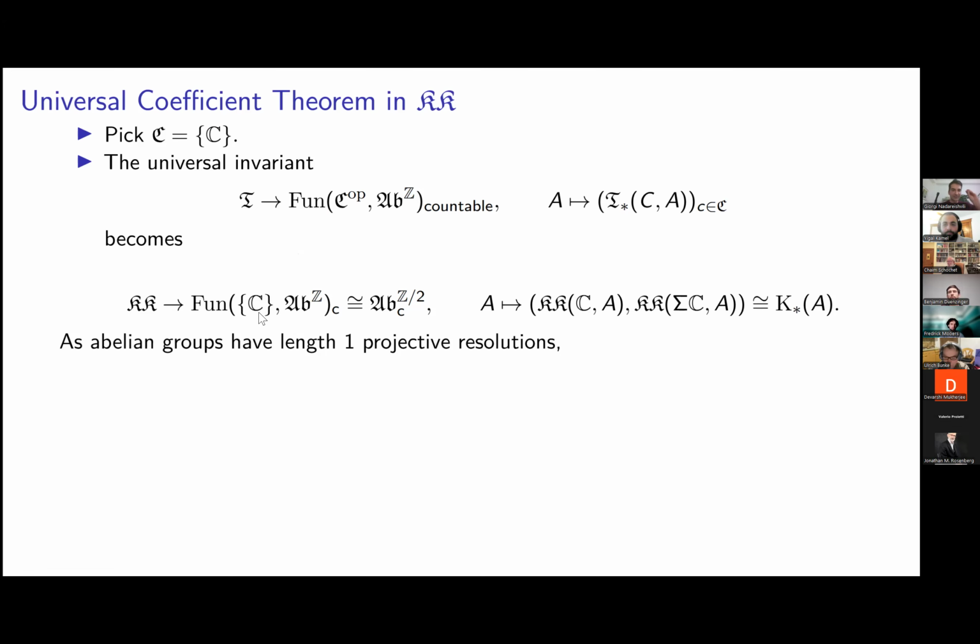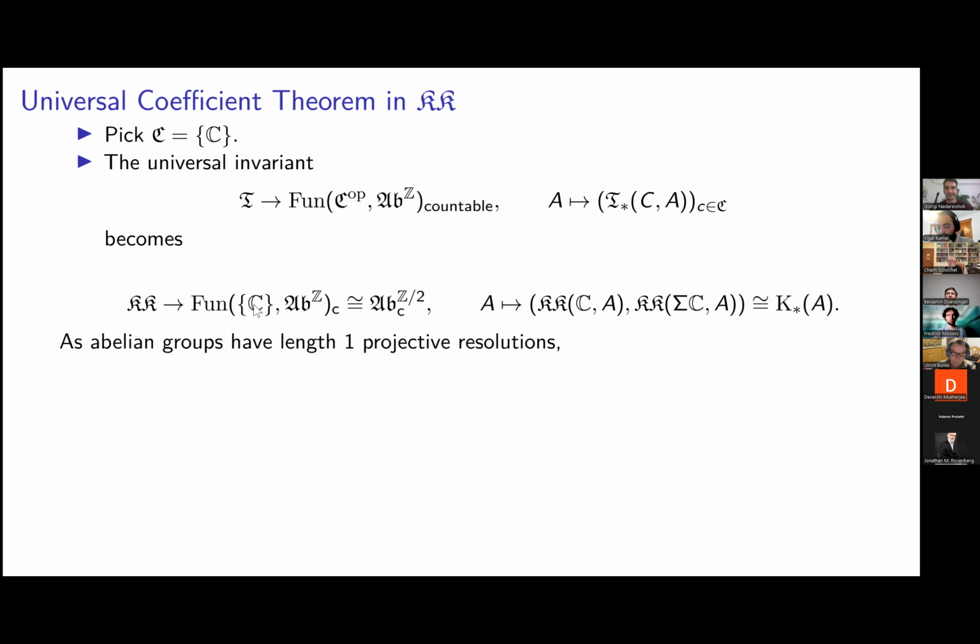Now, a functor from one object to abelian groups, Z-graded: remember, I'm looking at all representable functors from C and sigma C, because of Bott periodicity I do not have to consider all of Z. So from one object this is just picking two subgroups here, basically.